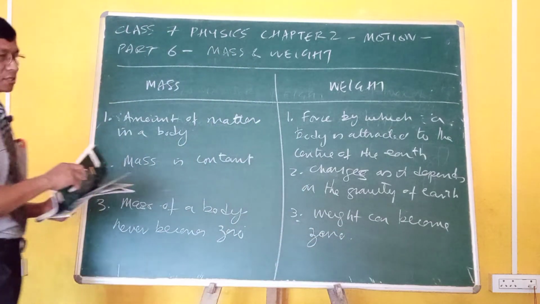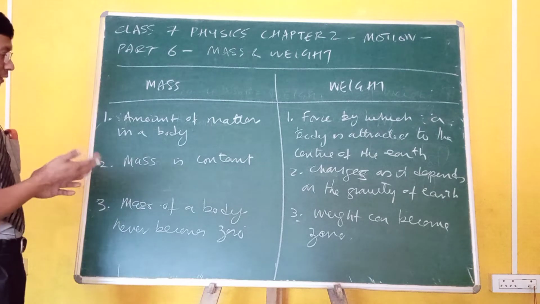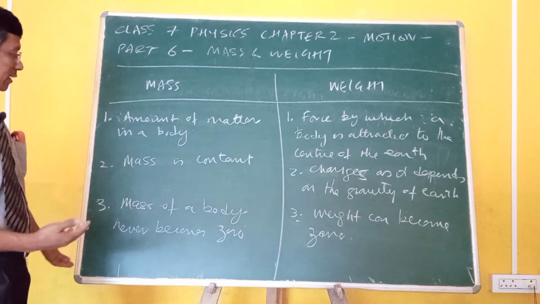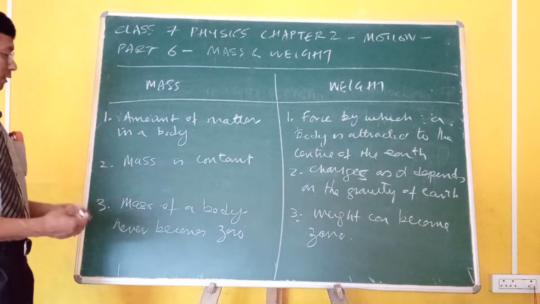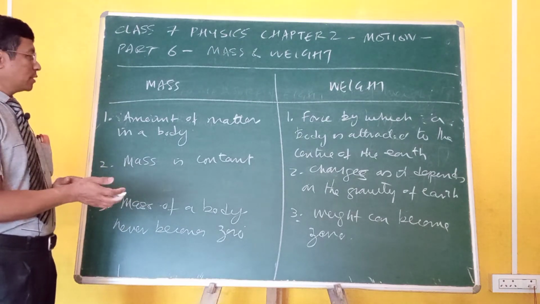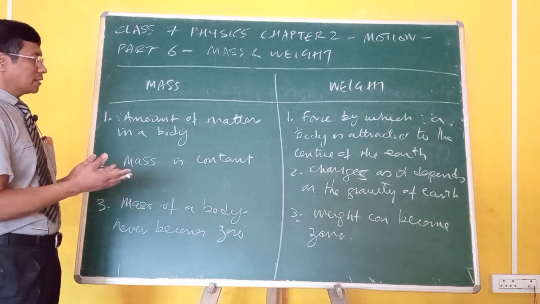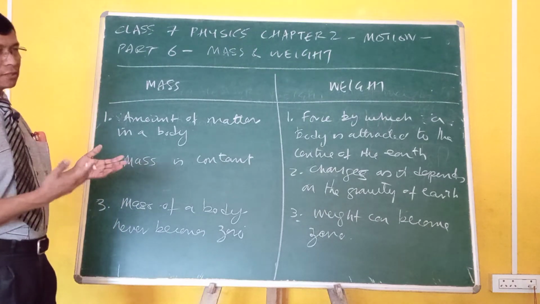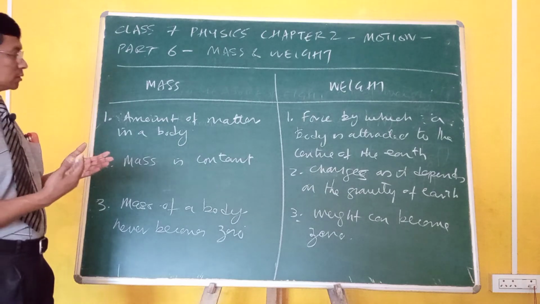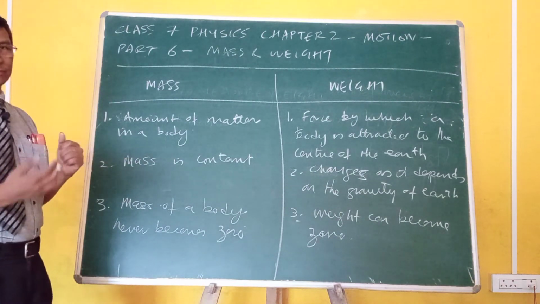Weight becomes zero in space because there is no force of gravity attracting it, so weight can become zero despite the fact that mass cannot become zero. And I'm sure you must have seen certain videos or movies where in space you find that people and objects are floating about. It is because there is no gravity in space, so that's why objects become weightless and they float around.